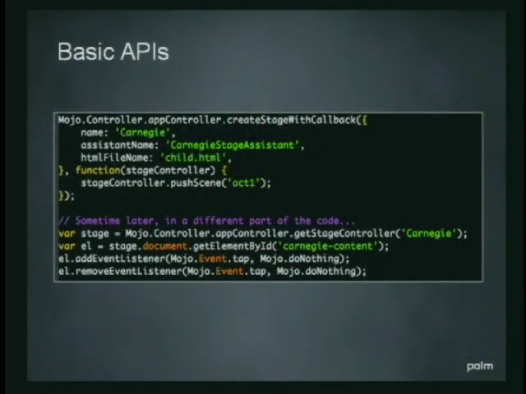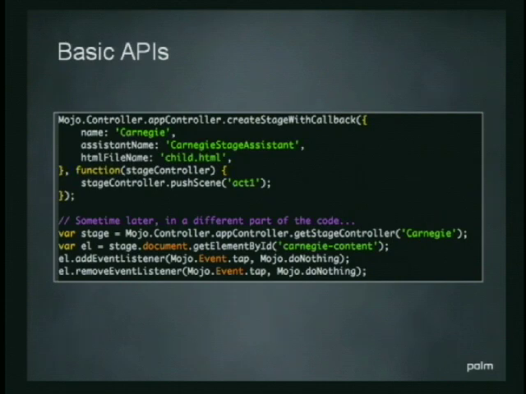So here I'm getting a reference to the stage controller and then referencing the document that's attached to that stage controller. So even though this code will be executing in the original window's context, it knows to manipulate the child stage's document because you referenced the correct document.